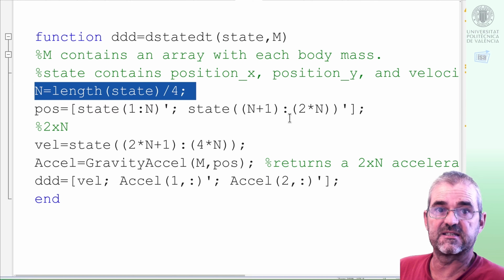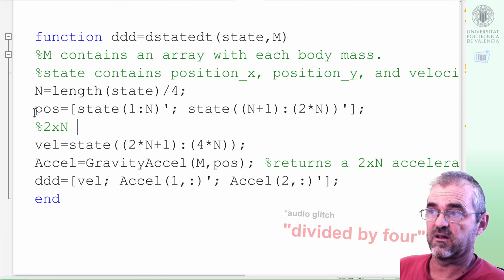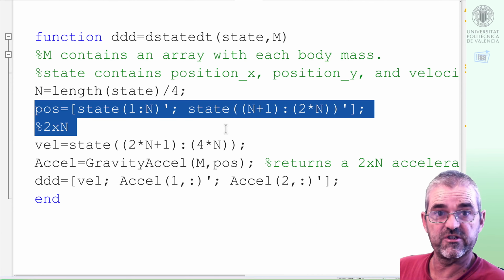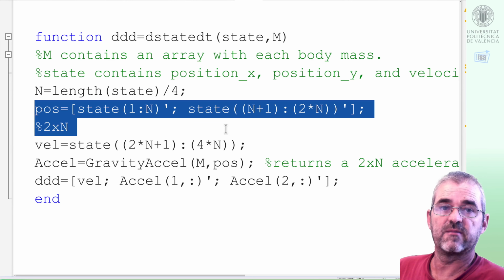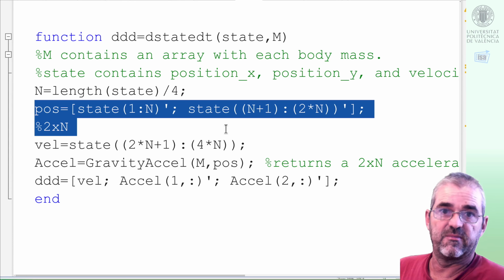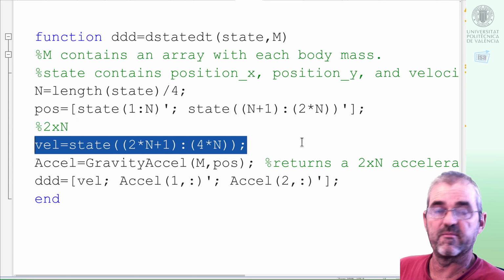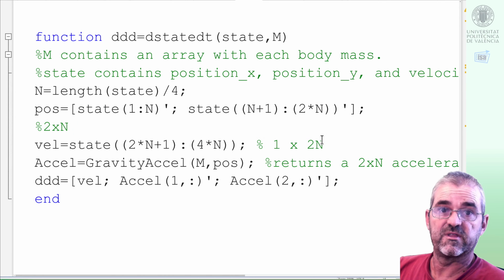So the number of bodies is the length of the state vector divided by 4. And the 2 times n array of positions, the first row, positions in x coordinate, will be the first capital N elements of the state vector. And the next capital N elements of this state vector will be the y positions. So I build that array like that. And the velocities will be the remaining elements of the state vector with this size.